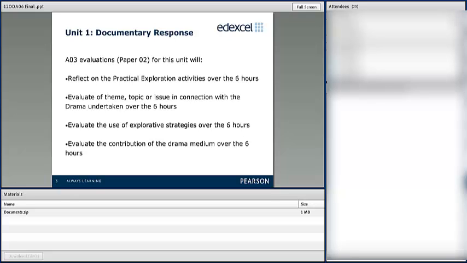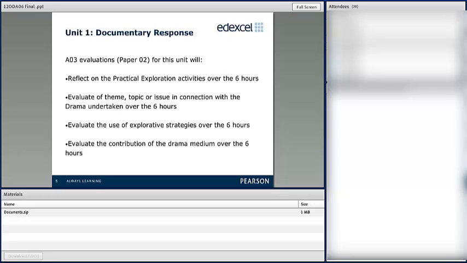So for the Unit 1 documentary response, students are going to reflect on that practical exploration activities over the 6 hours. All the reflection they've done verbally, all the notes they've taken, which don't forget they can do either at the end of each session, periodically, pausing between tasks if that suits your students, at home if that's appropriate, having a regular write-up session every 2 sessions of practical or 3 sessions of practical, or however your lessons are structured.